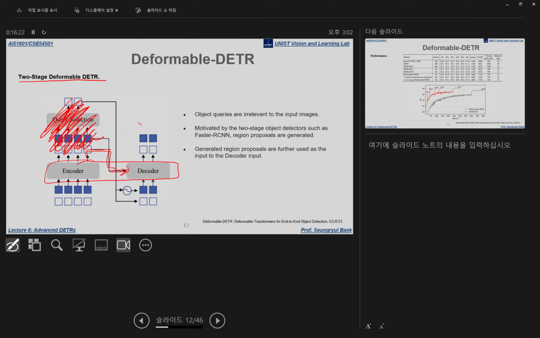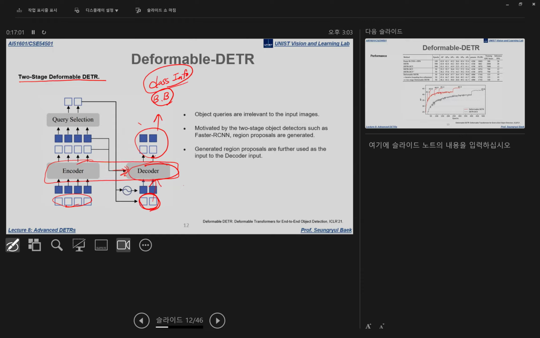Initially, image features are enhanced, and that's cross-attended with the object query enhanced feature in the decoder and outputs the class information and the bounding box information. That's the original DETR. But as I told you, the object queries are a problem because they do not have any semantic meaning.